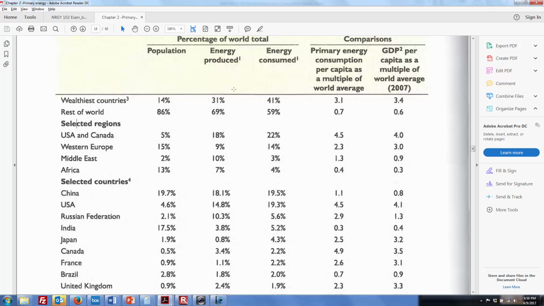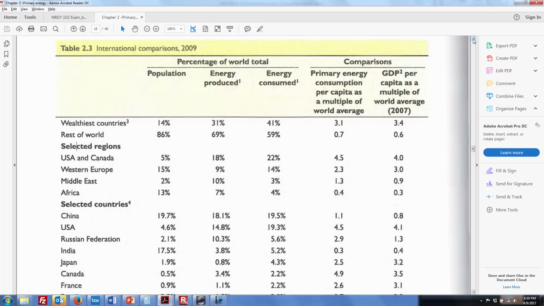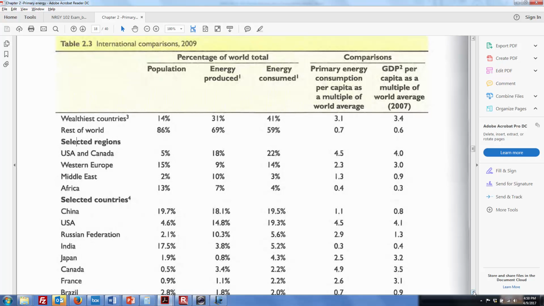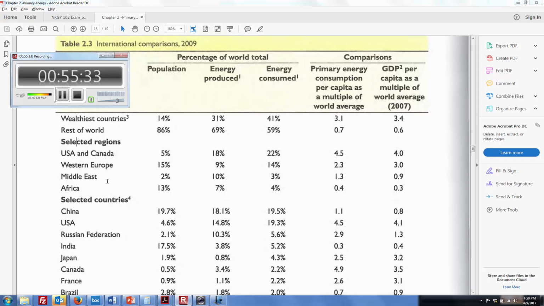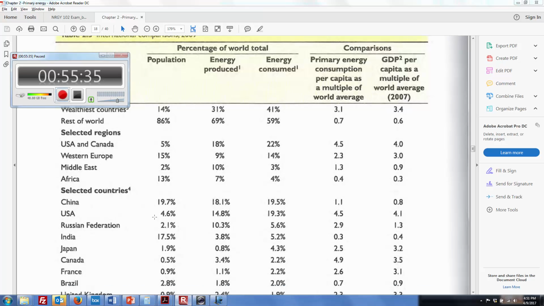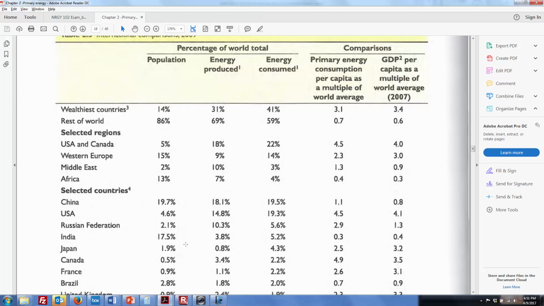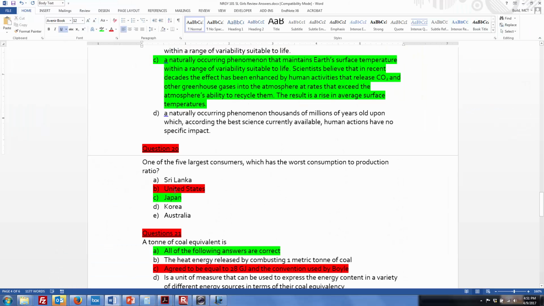Let's look at comparisons: population, energy produced, energy consumed. Okay, so here we go. If we look at the questions, we have Sri Lanka, US, Japan, Korea, Australia. So this is consumption to production ratio.